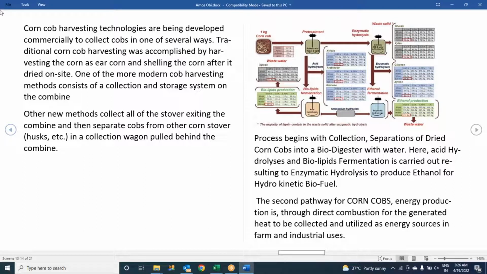Good. Concord, you can see it there at any quantity could be waste, through a process of acid hydrolysis. They are pre-treated, bioliquid, fermented, and enzymatic hydrolysis.